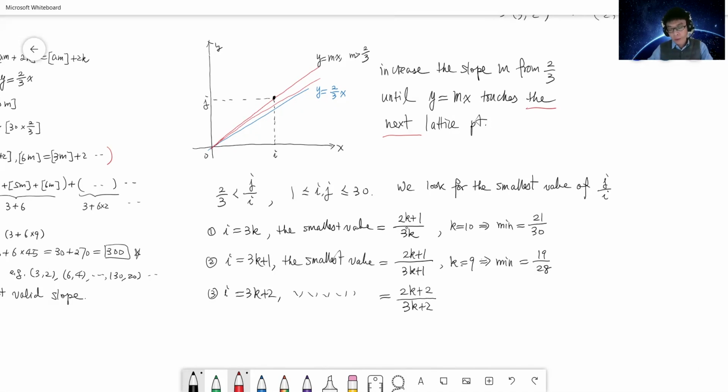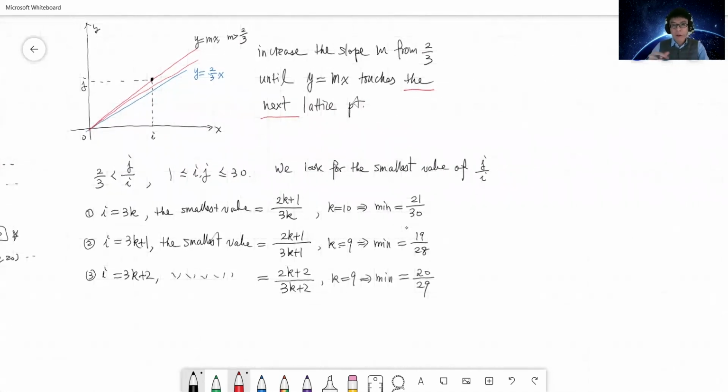So (2k plus 2) over (3k plus 2) is larger than 2 over 3. To minimize this, we take k equals 9. That gives the minimum value 20 over 29.